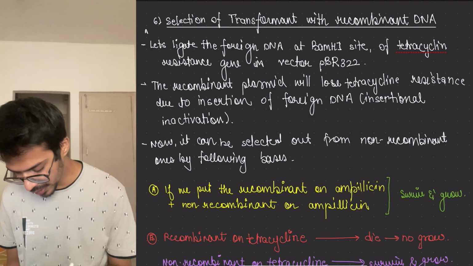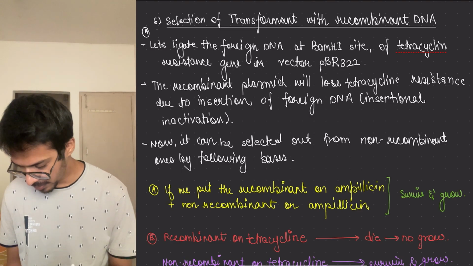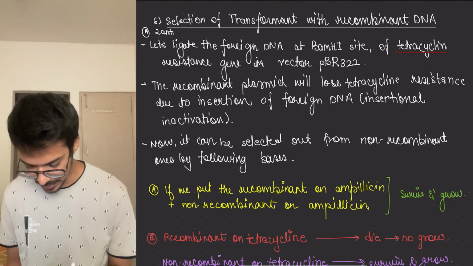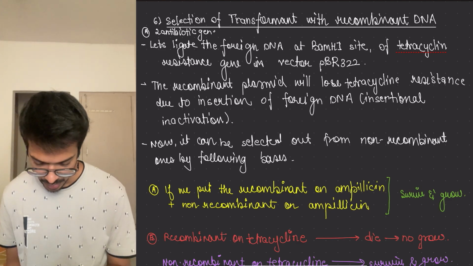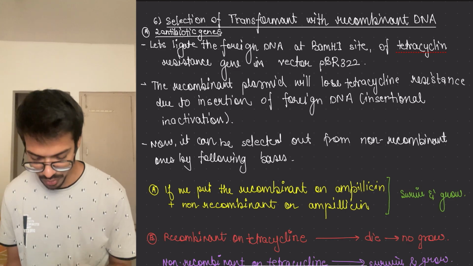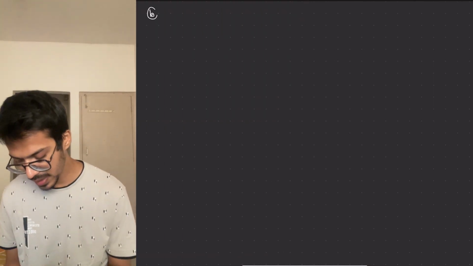So this is one way of doing it, by using two antibiotic genes. This is the first way of doing it. What is another way? What is the problem with this way?